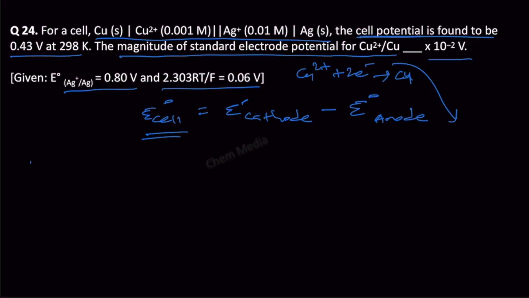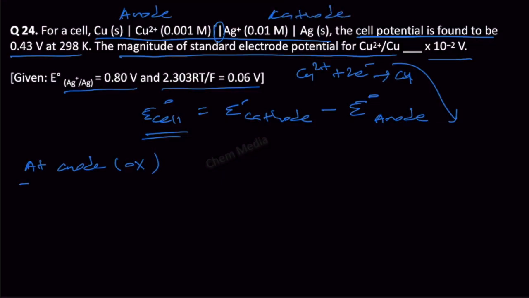Now at the anode, what will happen? At the anode, oxidation happens. Whatever be the cell, it is always anodic oxidation and cathodic reduction. This is the salt bridge. Therefore, on the left hand side we have the anode, on the right hand side we have the cathode.